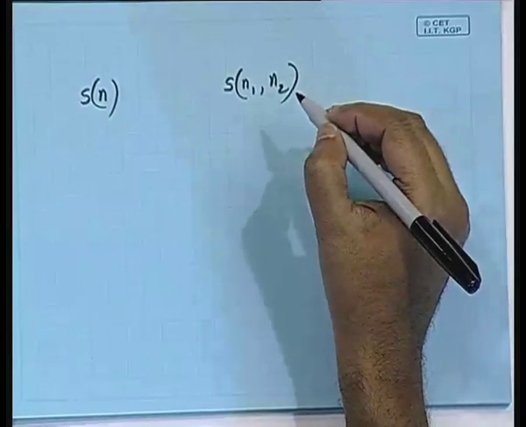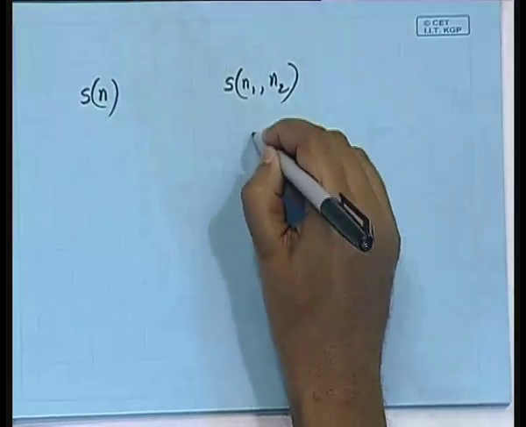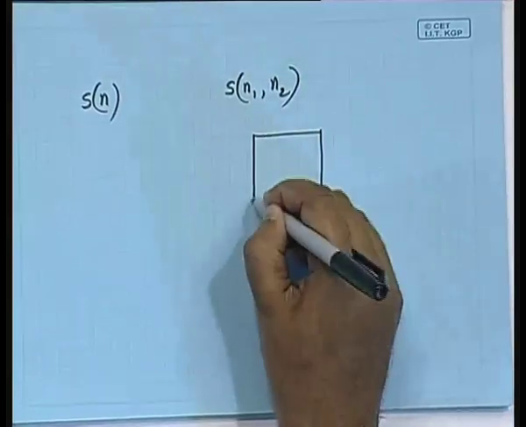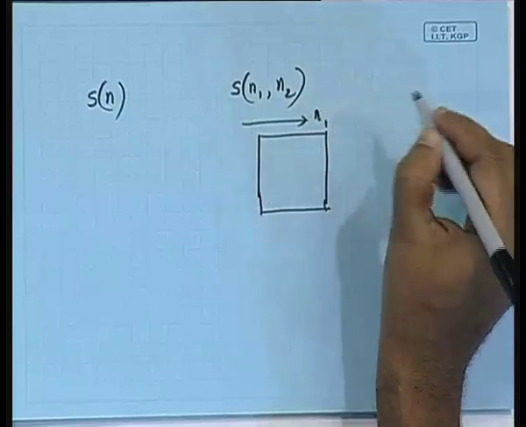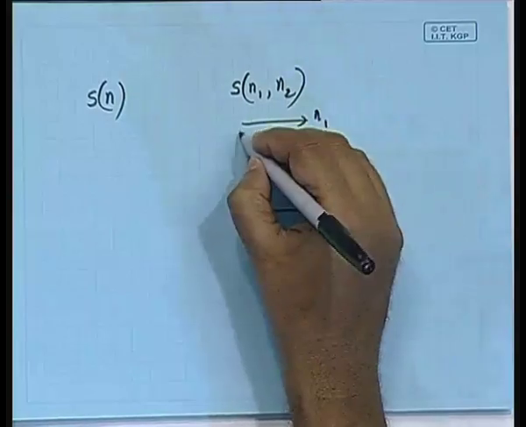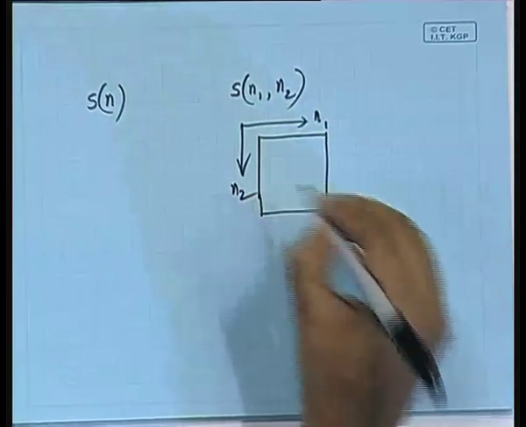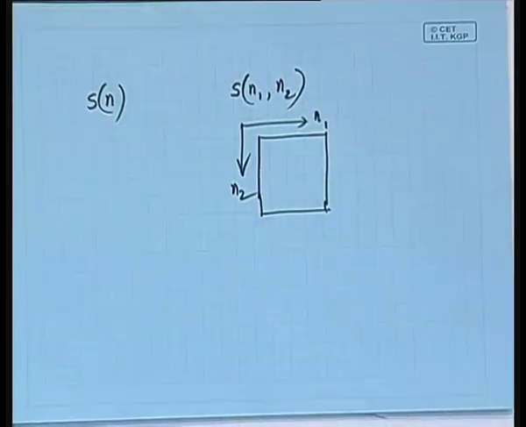So, we have two directions, n1 direction and n2 direction, and let us say that we choose our convention like this, that n1 is the horizontal direction and n2 is the vertical direction.